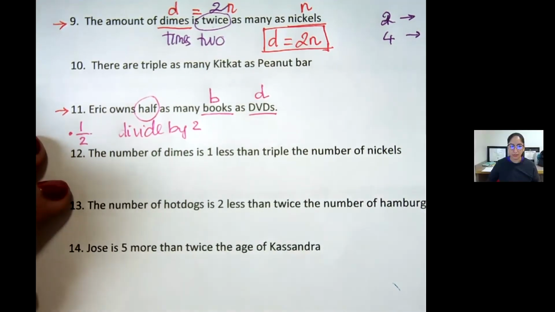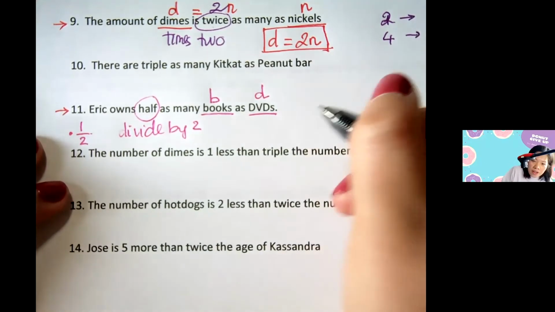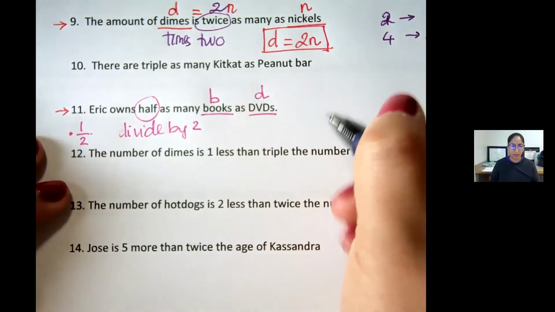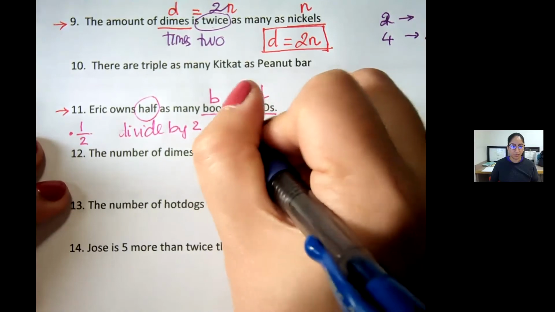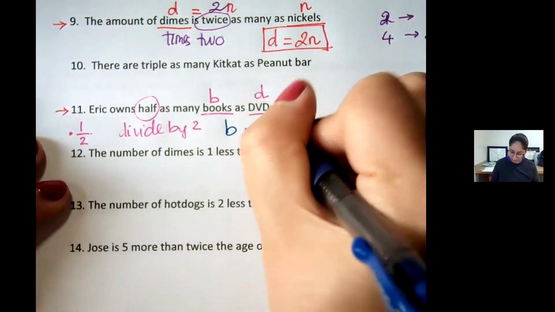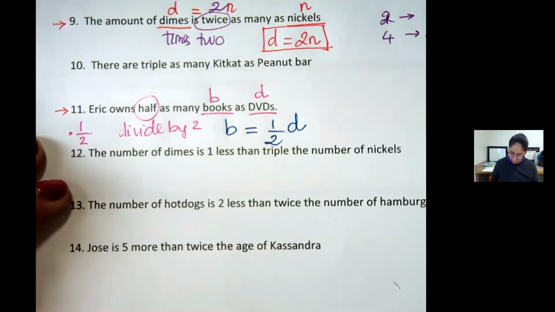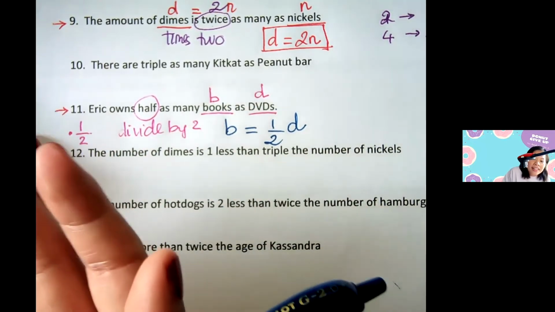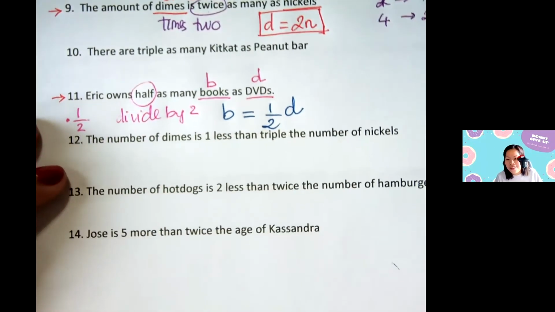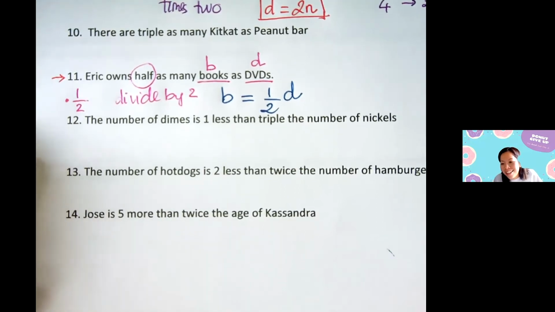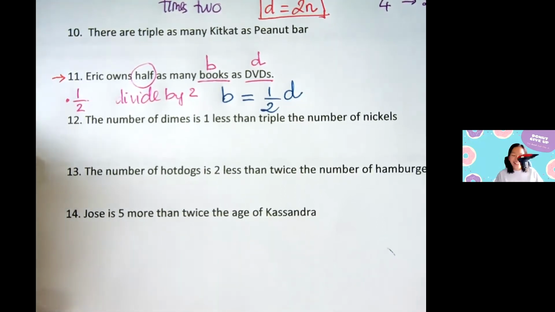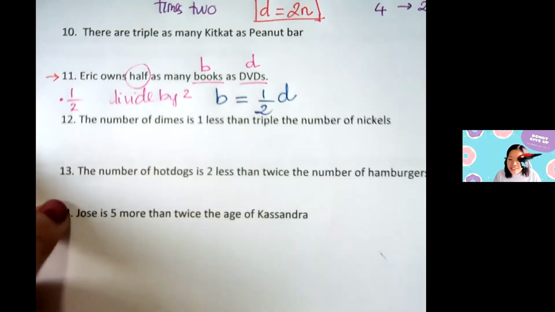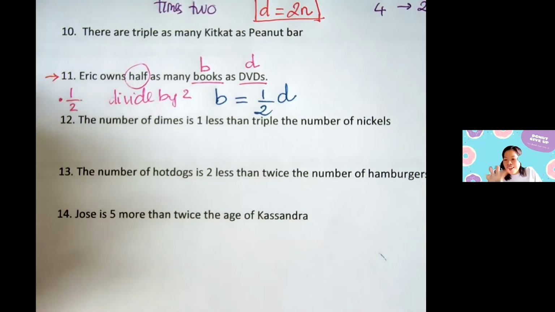Books. So how do we write that as an equation? B equals 1/2 D. The number of books is half of DVDs. So we have 10 DVDs, only 5 books. It's kind of sad nowadays because you tend to watch movies more than read, right? But it's true. Thank you so much, Ms. Perez. You deserve 5 gold stars.